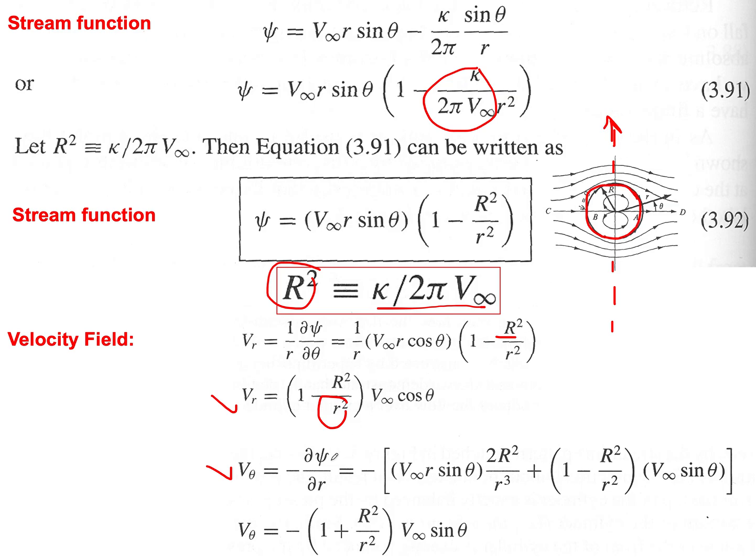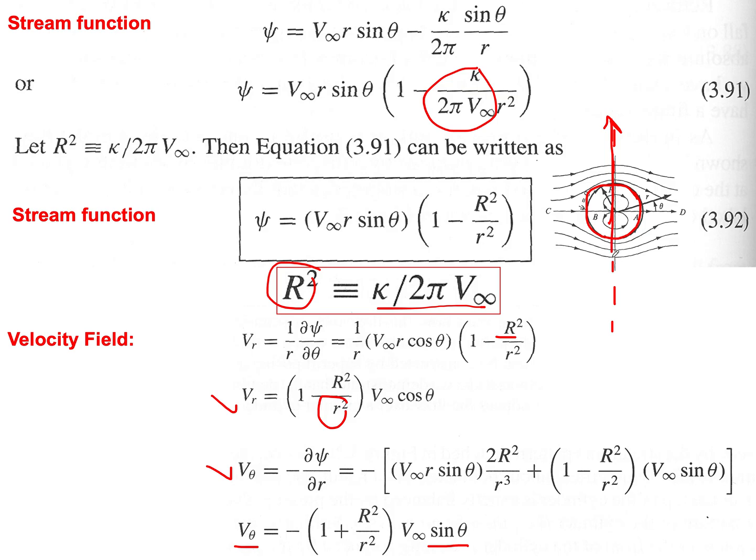We need also to see when v theta is 0. V theta is 0 only when sine theta, so 1 plus r squared. So v theta becomes 0 when sine theta is equal to 0. So that's equal at 0 and pi. So we have those lines, right?